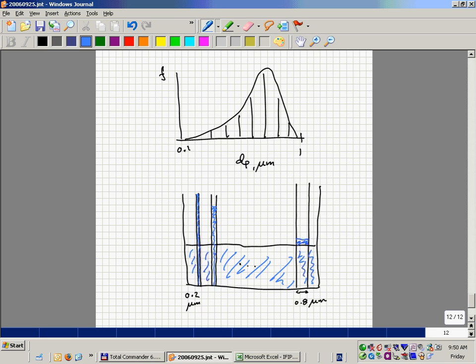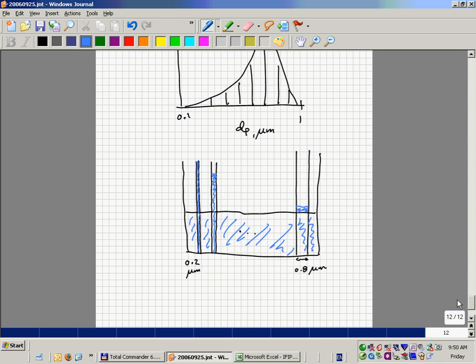This model is called a bundle of capillaries, and it's a pretty good approximation. Now the point is that this is also an experiment where you have a balance of forces between the gravity forces and capillary forces, right?